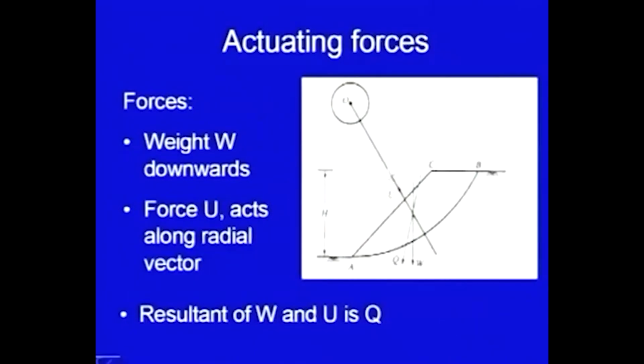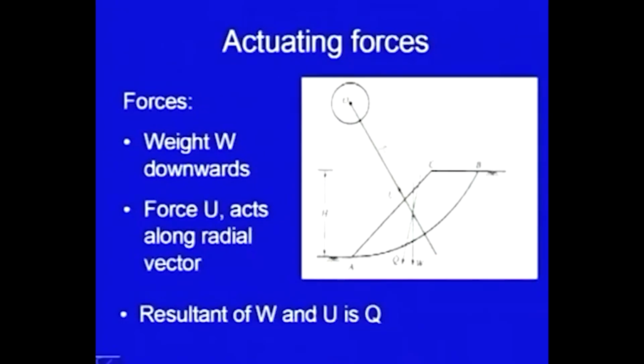Actuating forces, the forces which are trying to destabilize, is weight W. So, weight W, let us say this is the CG of this cylindrical wedge, and weight W is acting in the downward direction. Second is force U, the water pressure. It has to act normal to the surface.